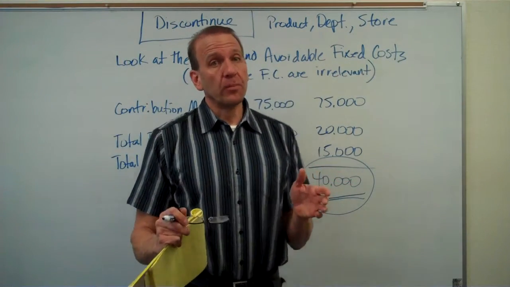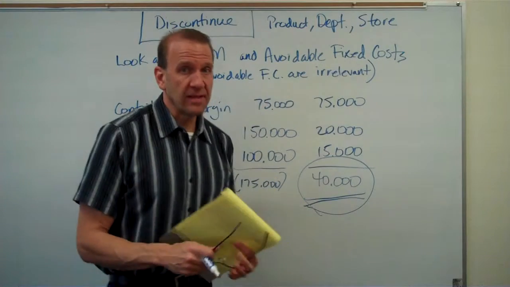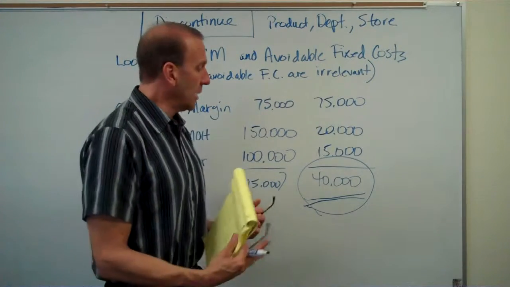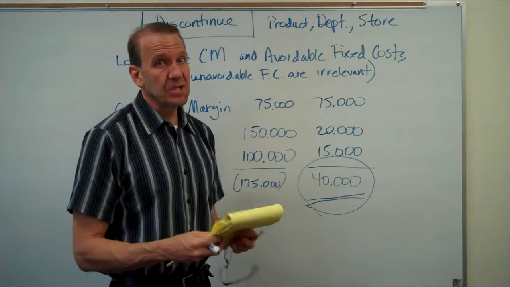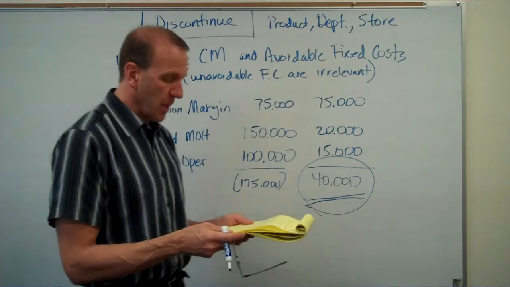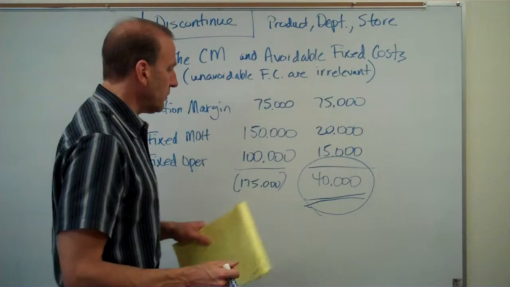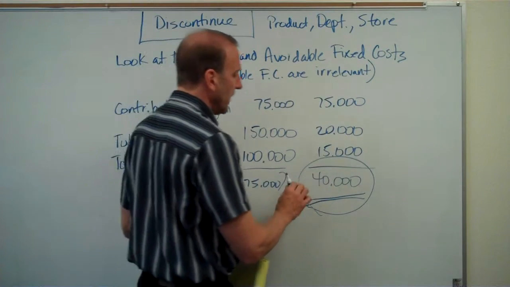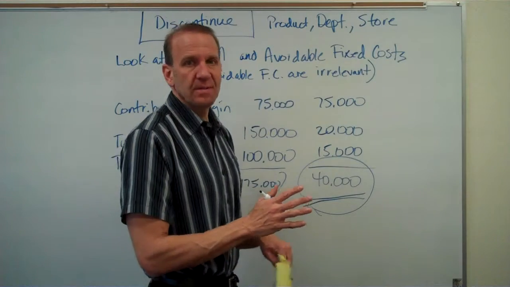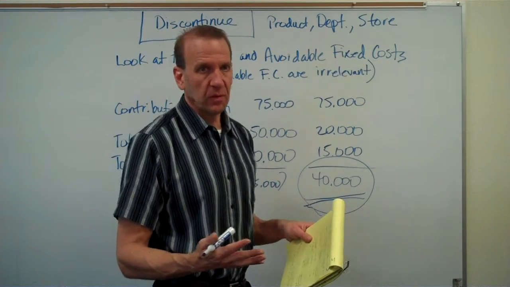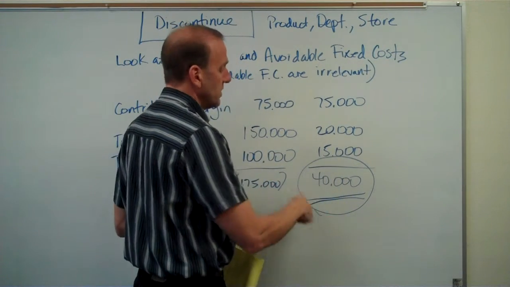Now, there are a couple of other things that I want to mention here. It looks like we should keep the product line, but there still might be situations where we want to get rid of it. Maybe if we were to get rid of this product line, these sales would go somewhere else. Maybe there are different types of bedding items that we might sell, so we might not lose those sales.